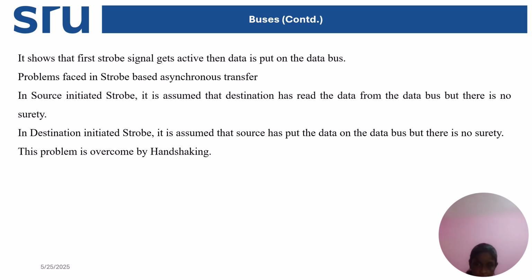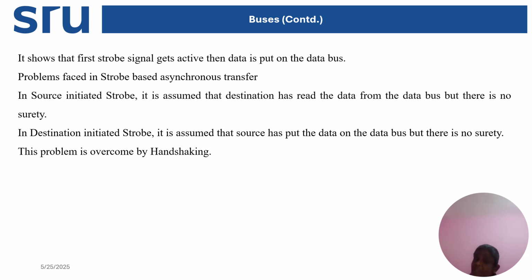It is not sure that the destination correctly got the available data. And in the case of destination-initiated strobe, it is assumed that the source has put the data on the data bus, but there is no surety. Here first it asks for the data, giving the signal first, then the data is given.